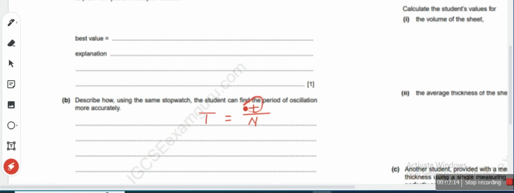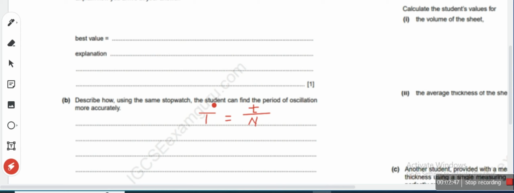Small letter t stands for the time taken. So if it took 30 seconds to make 20 oscillations, the period will be 30 over 20, which is 1.5 as the period, capital letter T.